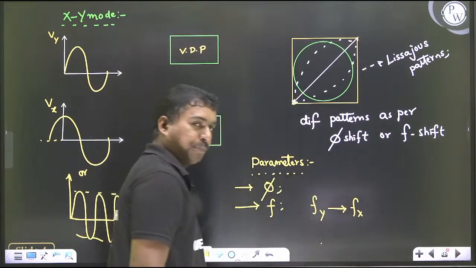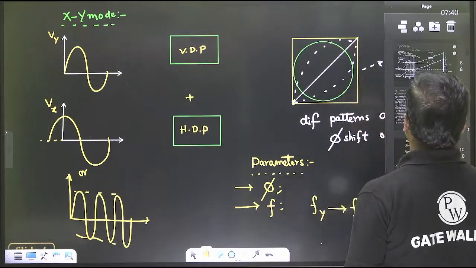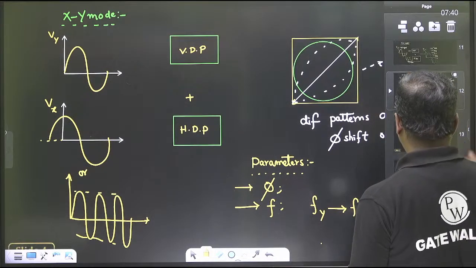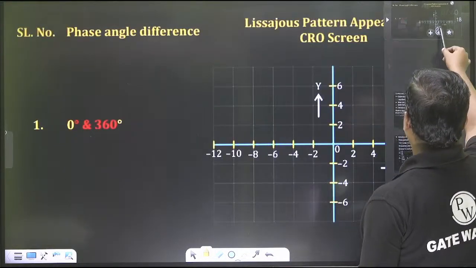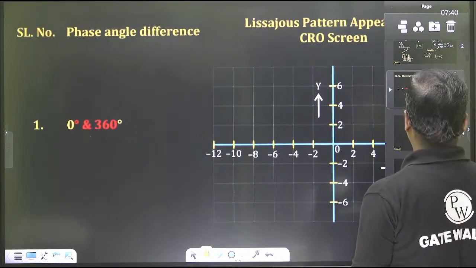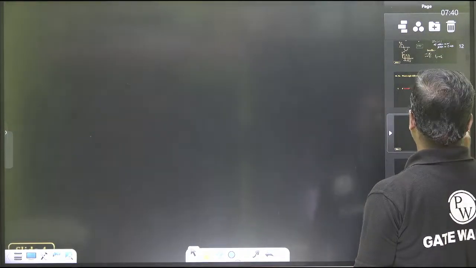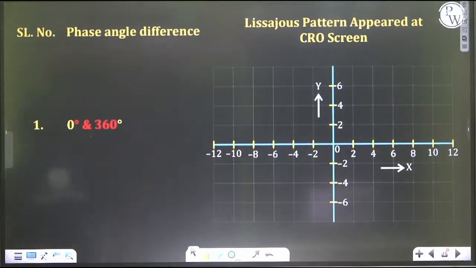So let us see certain patterns now. We will understand the patterns. So this is the phase angle difference. I have given a collection.